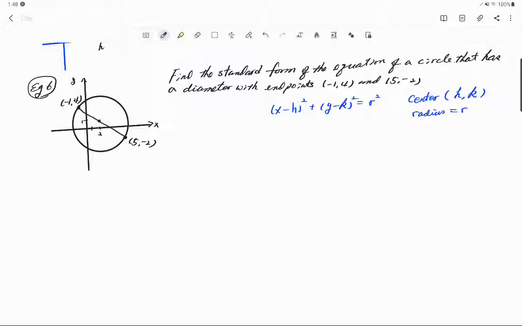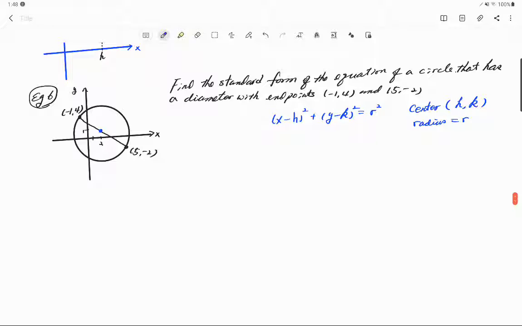So how do we find the center? The center is the midpoint, isn't it? h and k are the midpoint of the two points. To find the midpoint, take the average of the x values and the average of the y values of the two points. That gives 4 divided by 2 is 2, and 2 divided by 2 is 1.